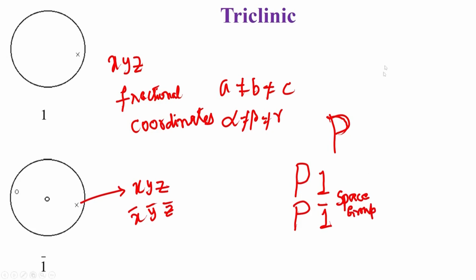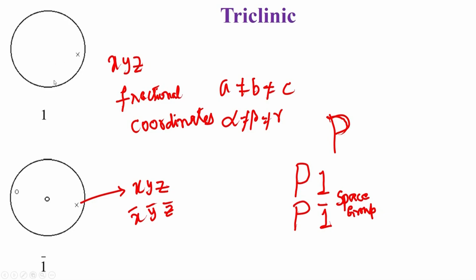So, we have now in a triclinic system a full description that is available on this slide. Any triclinic system is characterized by A not equal to B not equal to C, alpha not equal to beta not equal to gamma. So, this gives us the crystalline nature or the 3-dimensional nature of the triclinic system, and in that the fractional coordinate is represented as x, y, z.